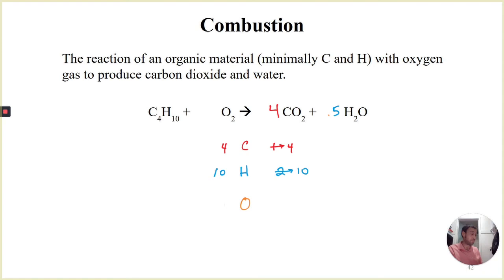Looks visibly correct. For our oxygen, we had 2, and then we had, counting the wrong ones, 8 plus 5, 13. When I encounter this issue where I'm getting an even number needing to be equal to an odd number, that doesn't work very well.